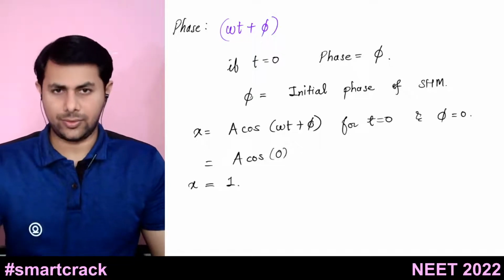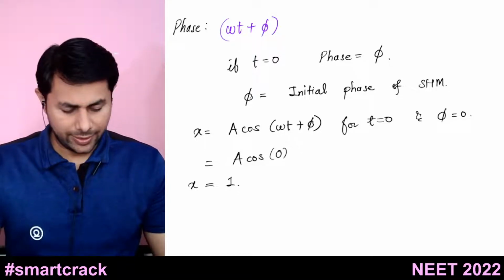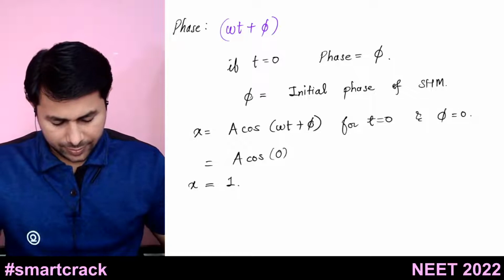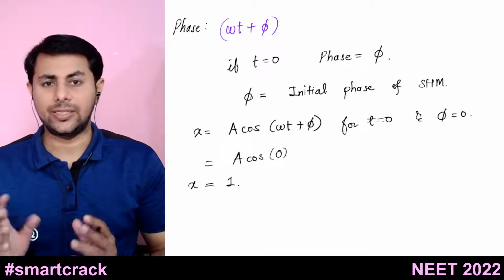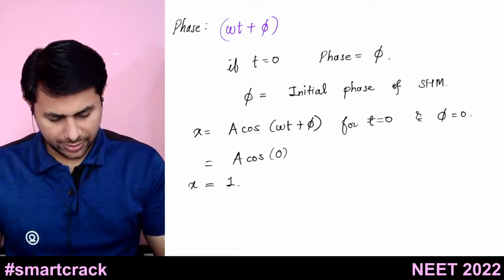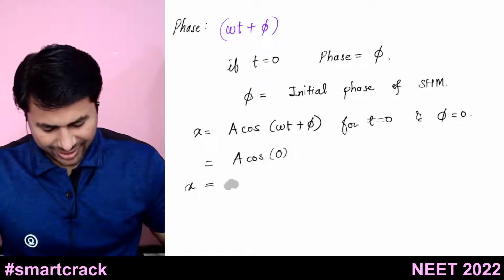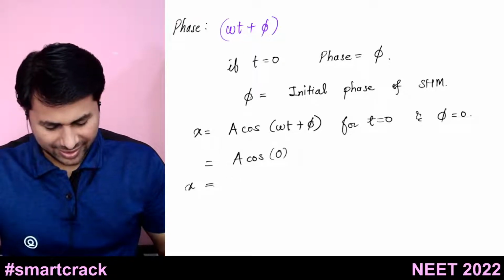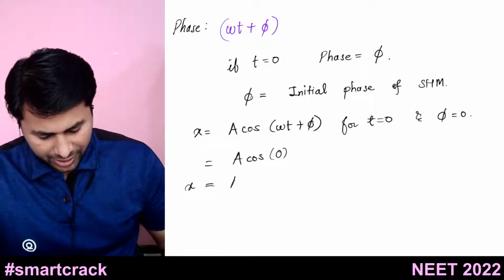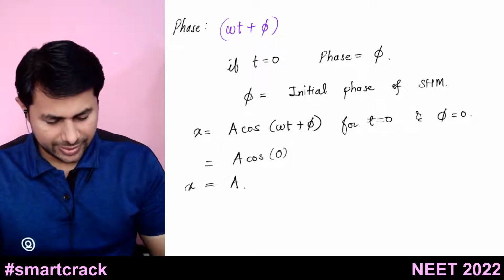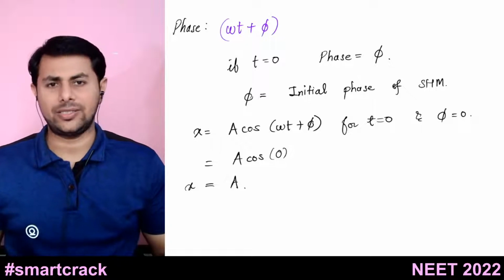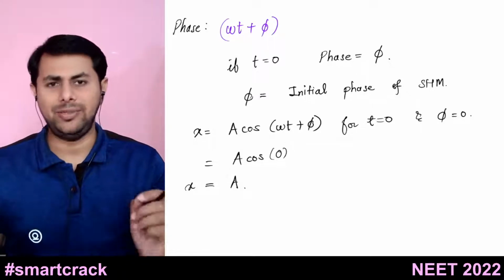So if your initial phase is 0, cos 0 is 1, but it is 1 multiplied by a, right? So if your initial phase is equal to 0, then your particle starts from the extreme position.